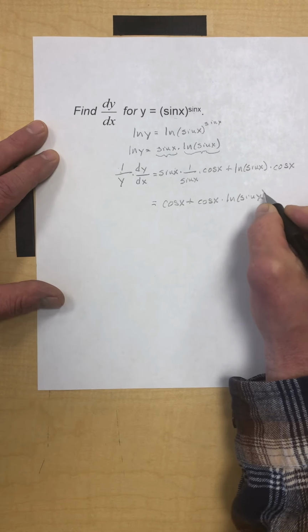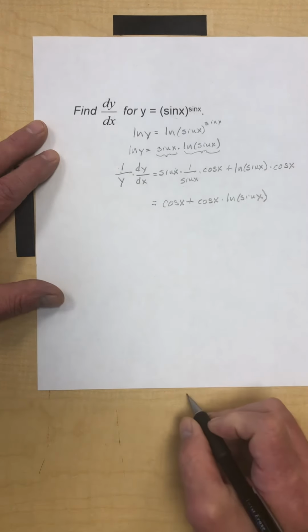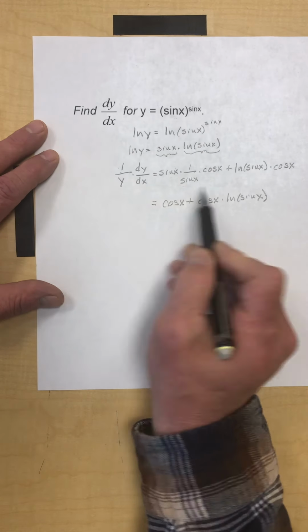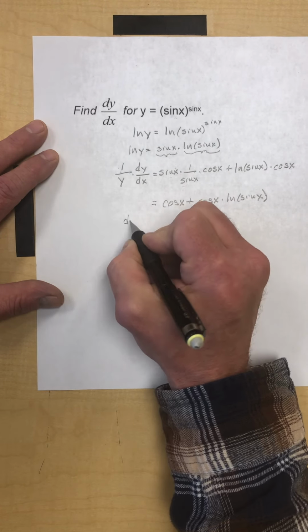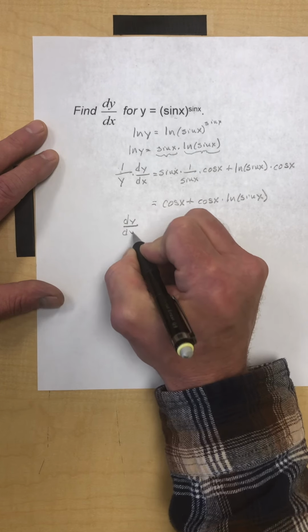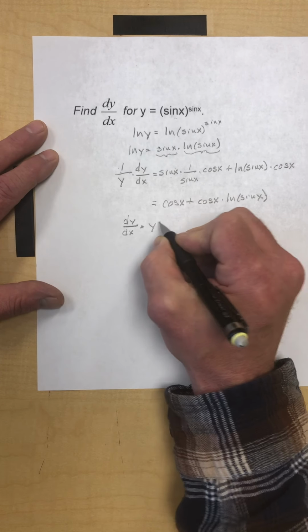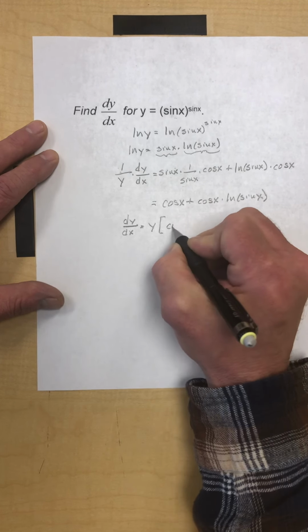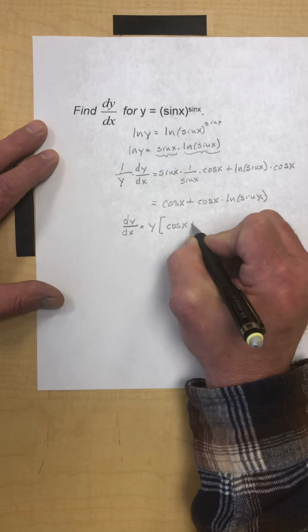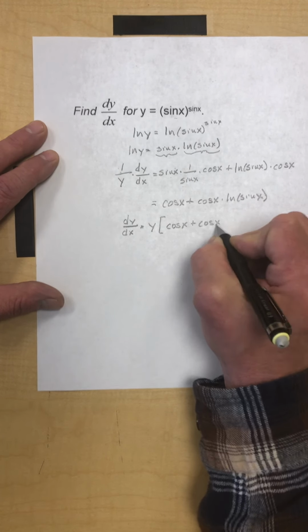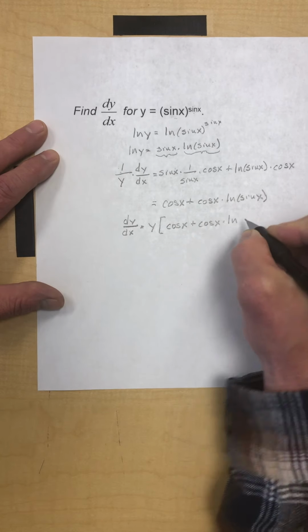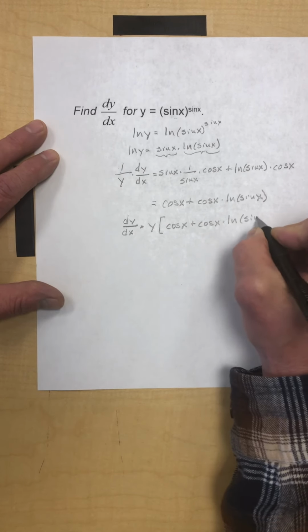That's an x, not a y. And so now I just multiply both sides by y. So my dy dx equals y times cosine of x plus cosine of x times the natural log of the sine of x.